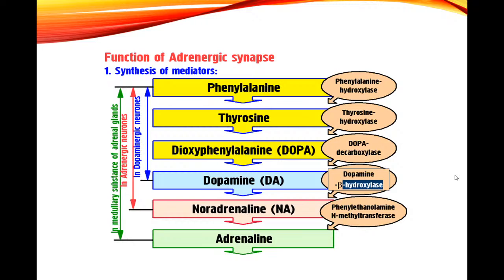And now, once again, noradrenaline is the final molecule in nerve endings. Because in nerve endings, there is not enough of the special enzyme phenylethanolamine N-methyltransferase. That's why in synapses, 98% noradrenaline is released and 2 to 3% adrenaline, no more.